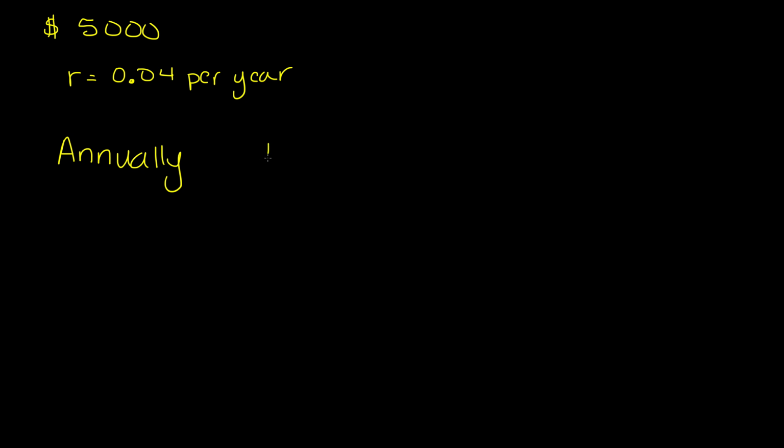So using that formula, we have A equals 5,000, her principal and initial investment, times 1 plus 0.04 divided by n. And remember, n is per year. So we're looking at 1 year, and in this case my n is going to equal 1, raised to 1 times 3, because we want to know what her investment is after 3 years.